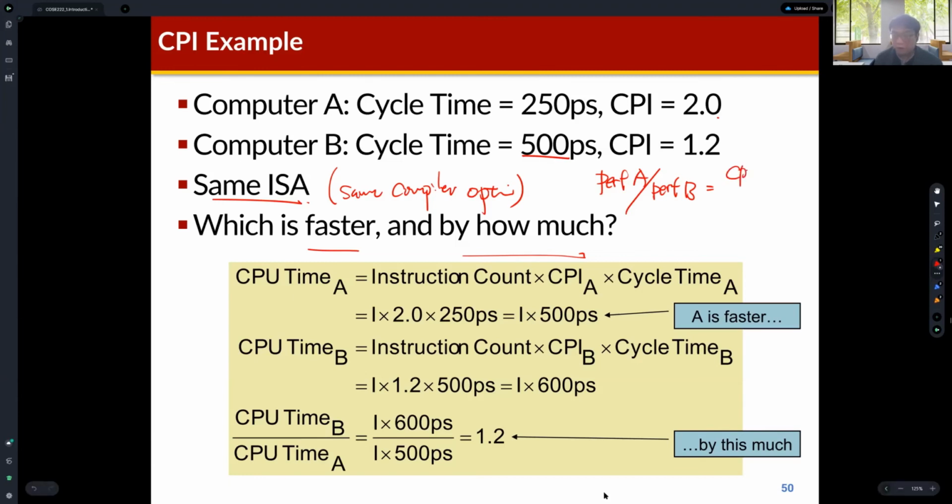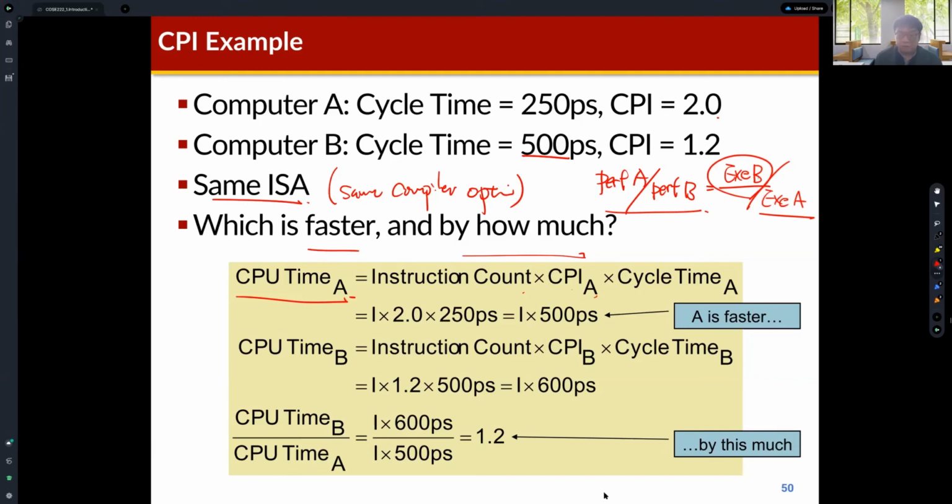So CPU time is the execution time. CPU time B divided by CPU time A, right? If we calculate CPU time B and CPU time A, then we can compare the performance, right? How can we calculate the CPU time A? That is the instruction count multiplied by the CPI of A and the cycle time of A.